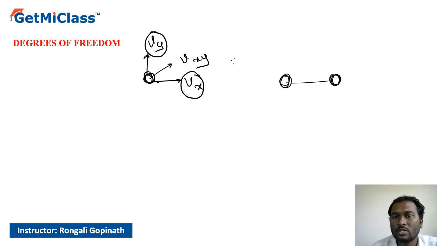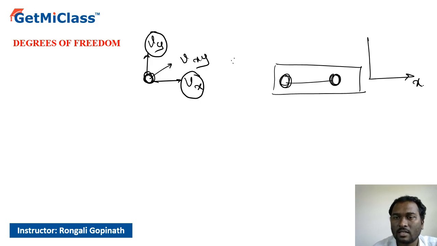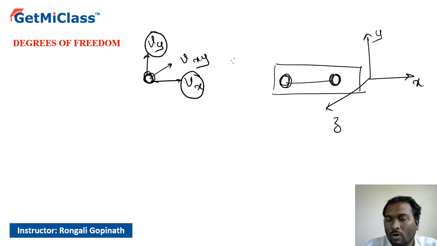Now this two particle system can go translationally along x-axis, can go translationally along y-axis, and go translationally along z-axis, right? So all these three translational motions can be distinguished independently, isn't it?